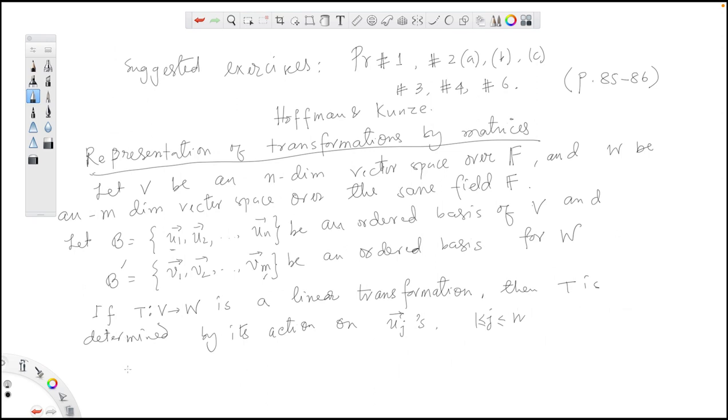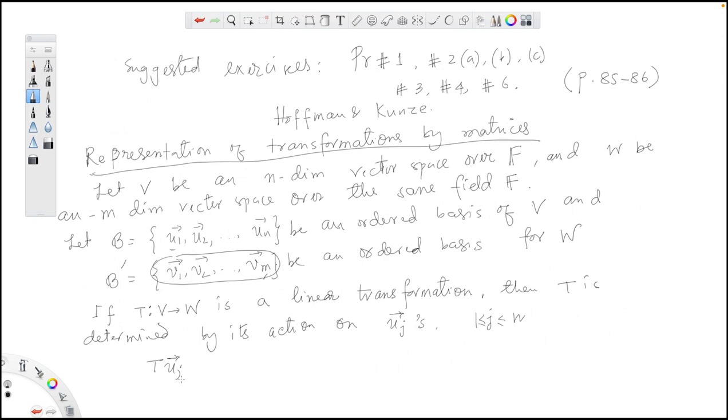Now note that each of these n vectors Tuj is uniquely expressible as a linear combination of these m elements in the ordered basis B prime. Okay, why?